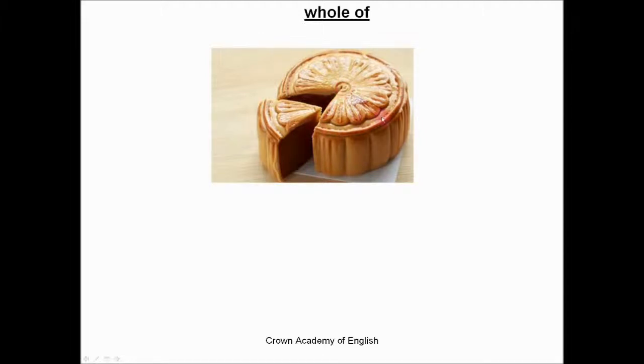So we can say, my friends ate all of the cake. So all here means everything, the whole of the cake. It's another way of saying the whole of. Okay, so my friends ate all of the cake.